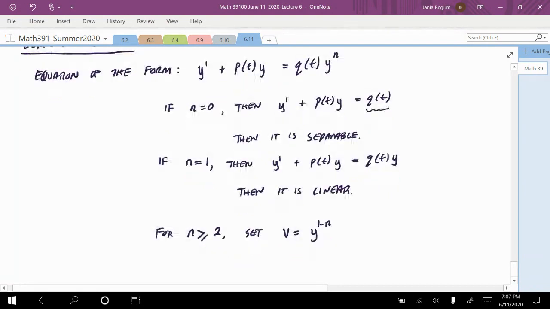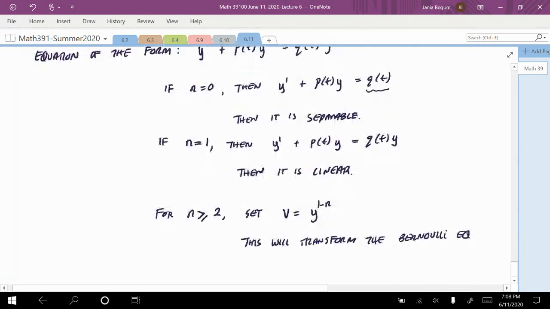What this will do is transform the Bernoulli equation into a linear equation, using the method of integrating factor after making v equal to y to the power 1 minus n.